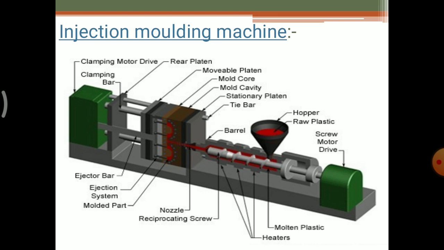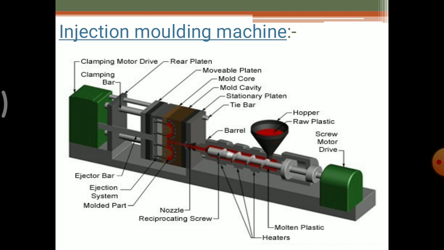You can see the hopper in the black color. So it is raw plastic which is sent through the hopper, and this is running through the screw motor drive which is attached to the solid shaft of the molten plastic, and you can see the molten plastic in the red color, and it is sent to the barrel and then to the mold cavity, mold core.